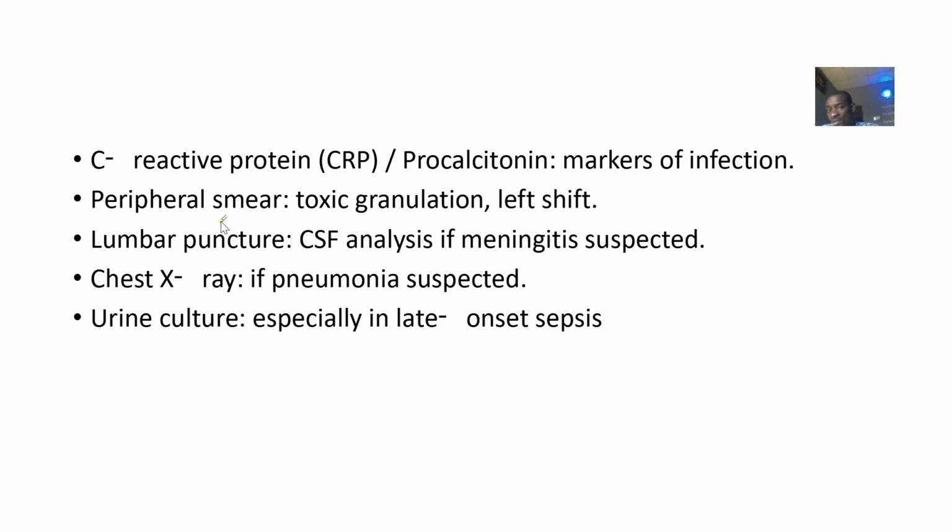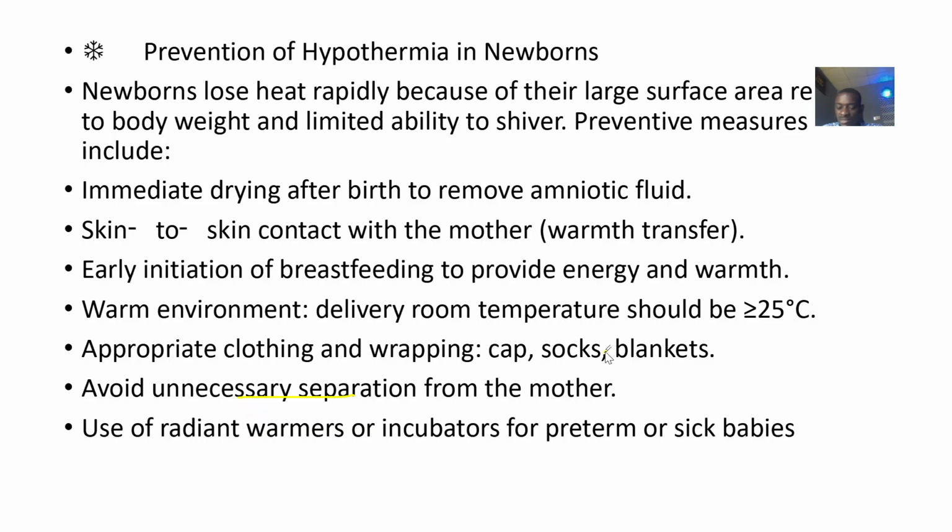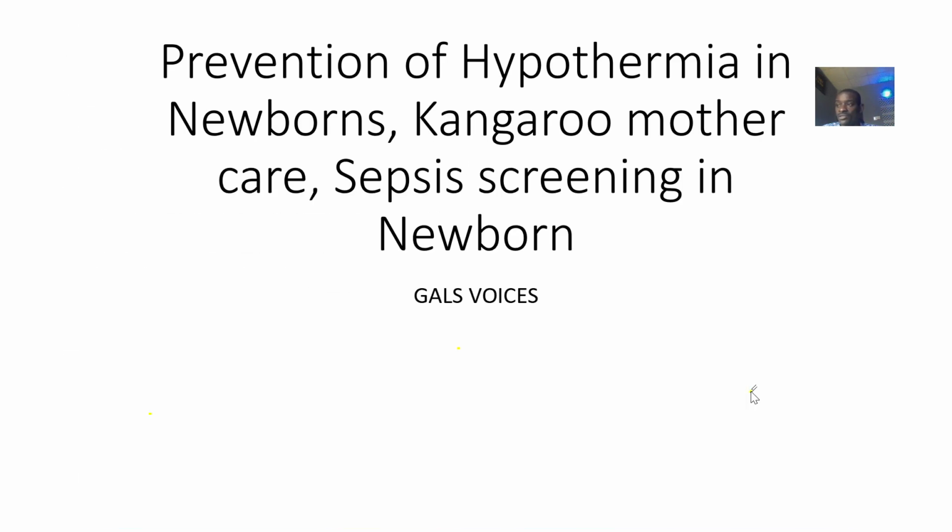Then peripheral smears, okay, lumbar punctures, okay, to see if the meninges are actually involved in the spread of the infection. Chest x-rays if the baby is having difficulties in breathing. Then urine cultures, okay, just to still identify the microorganism that is causing such issues.